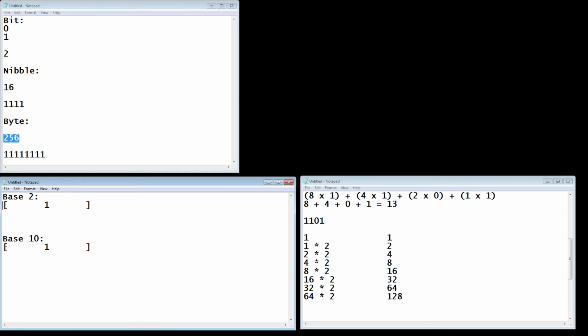We're going to do the base 10 system first, actually. We have 10 possible values that we can get before we get to here.